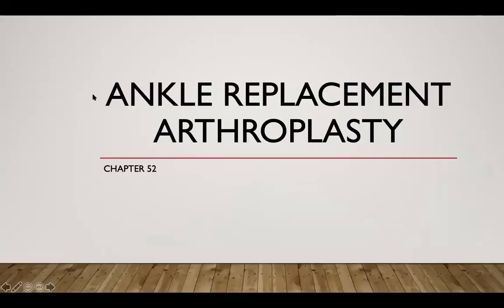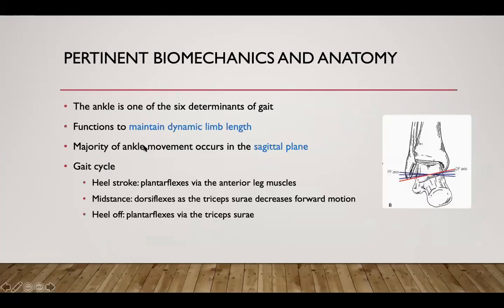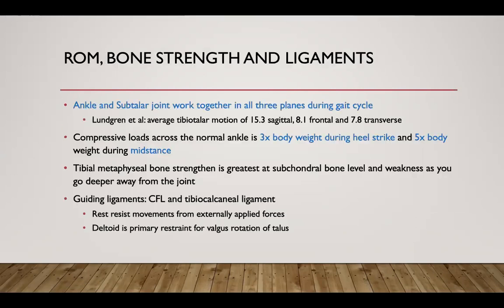Okay, so I read the McGlamry chapter on ankle replacements. Whenever you have to do ankle replacement, you need to think that the ankle is one of the determinants of gait and that you want to maintain dynamic limb length. Most of the ankle movement occurs in the sagittal plane. And then just like the gait cycle, think of when you're walking and what the ankle is functioning to do, if it's plantarflexing, dorsiflexing, and its main function.